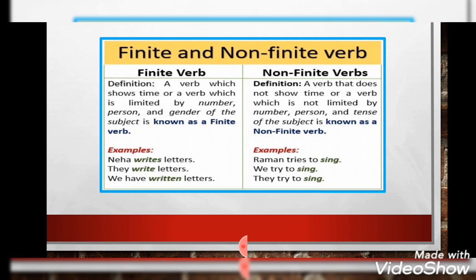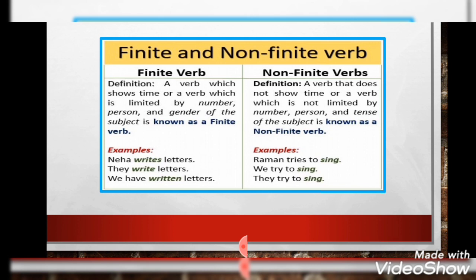Now come to non-finite verbs. A verb that does not show time or a verb which is not limited by number, person and tense of the subject is known as a non-finite verb. Examples: Raman tries to sing. We try to sing. They try to sing.